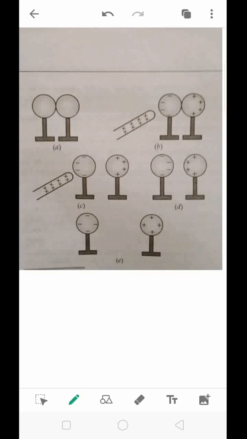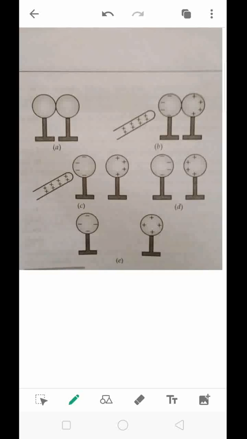This is a temporary process, and it is called electrostatic induction. That is, temporarily inducing electric charges on a conducting body, any conducting body, whether it is a conducting rod or a conducting sphere.